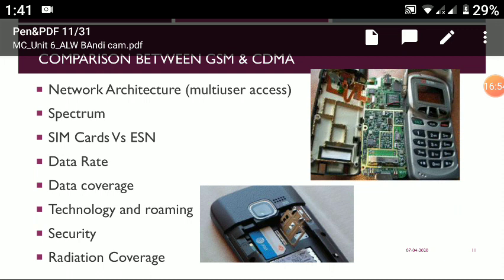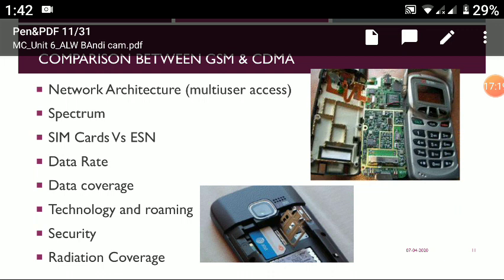So this is a brief comparison of GSM and CDMA. Network architecture, multi-user access: you can be involved in CDMA or GSM both. Spectrum: the size of the spectrum is totally different for GSM and CDMA. It depends on the requirement of the area.